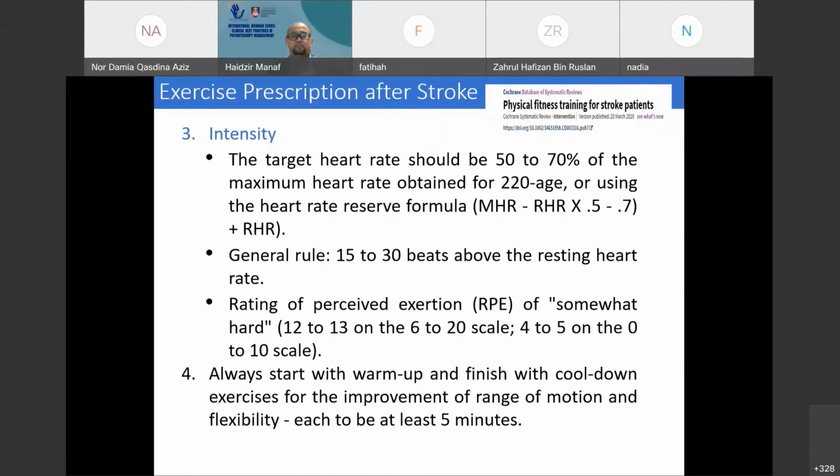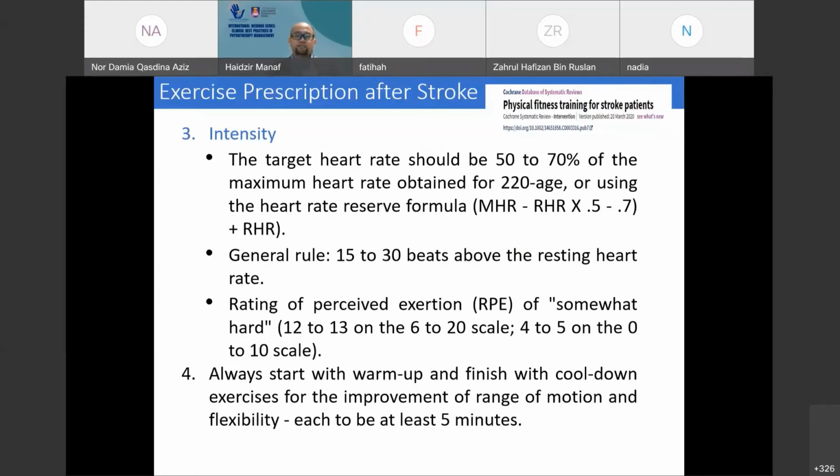The general rule is 15 to 30 beats per minute above the resting heart rate. Or you can use the RPE or Borg scale. There are 2 types of Borg scale: between 6 to 20 scale, make sure the patient does the exercise between 12 to 13, or 4 to 5 on the 0 to 10 scale. Always start with a warm up and finish with a cool down for the improvement of range of motion and also flexibility.